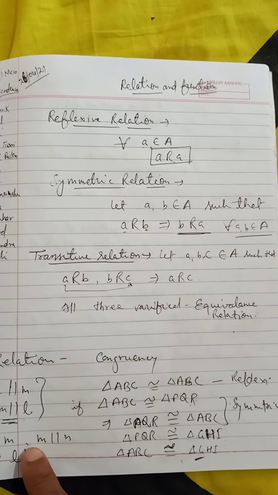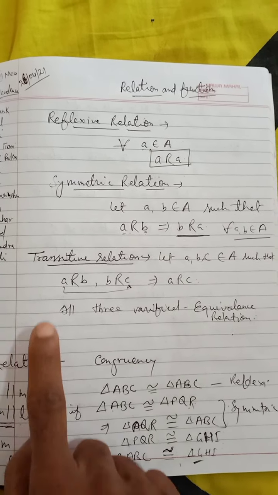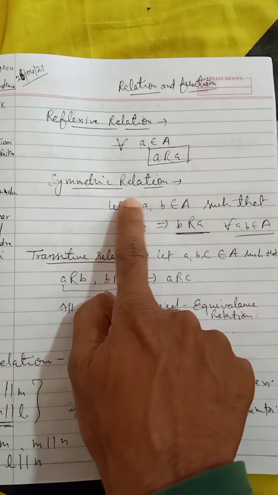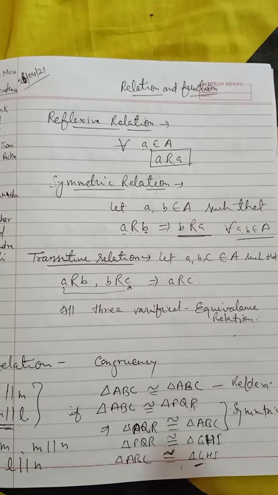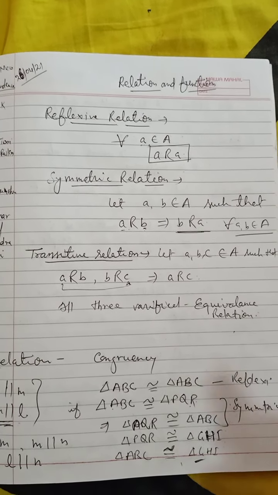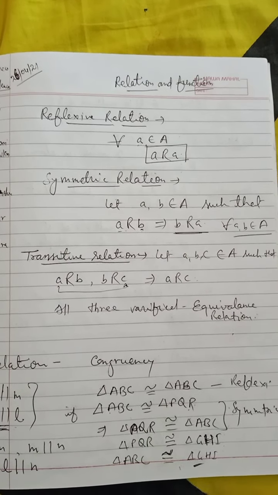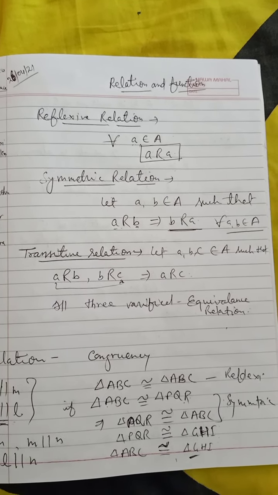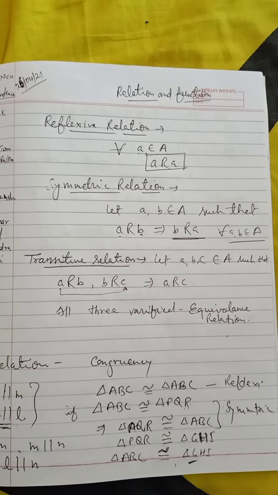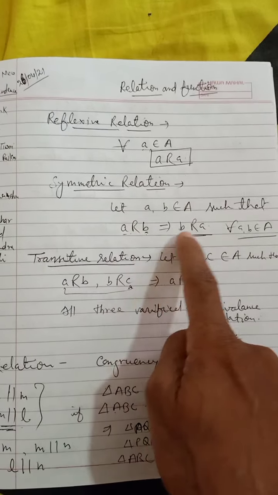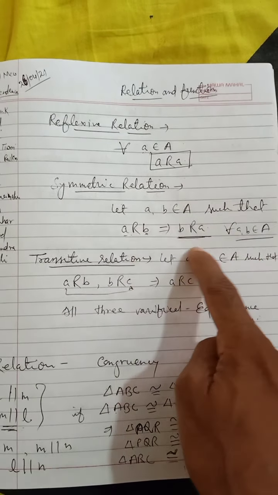Okay. Next, the second condition is the symmetric relation. What is a symmetric relation? If for all elements a, b belonging to the given set A, such that a is related to b is given, then we have to check whether b is related to a also.